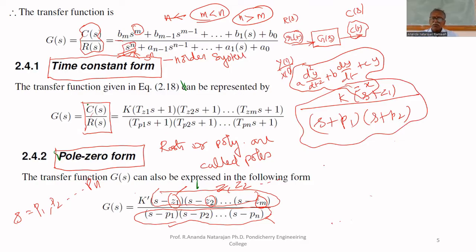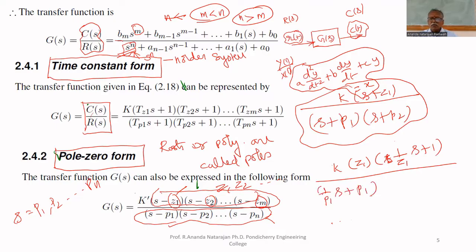If you take P1 outside, what you will get is K Z1, into 1 by Z1 S plus 1, whole divided by 1 by P1 S plus 1, multiplied by 1 by P2 S plus 1.